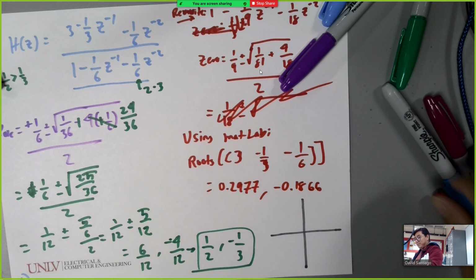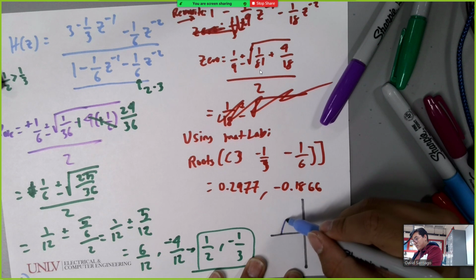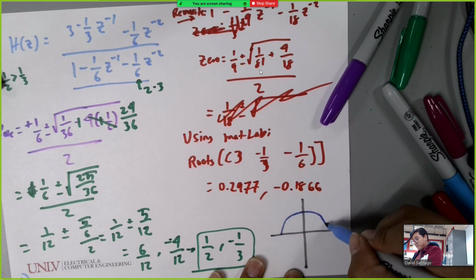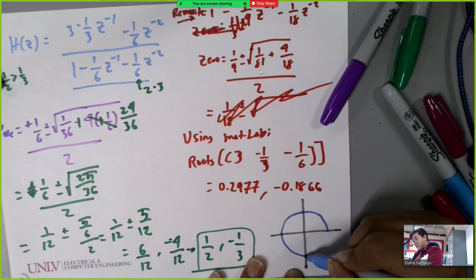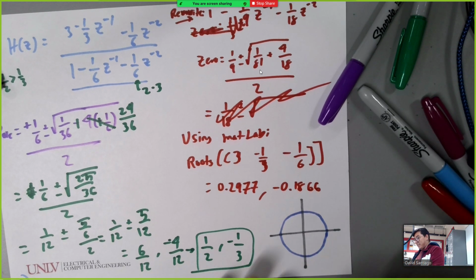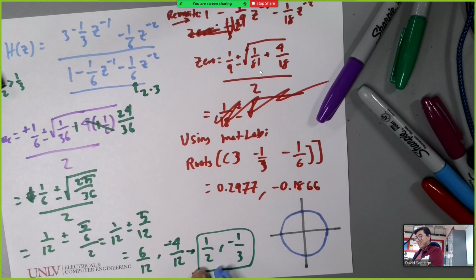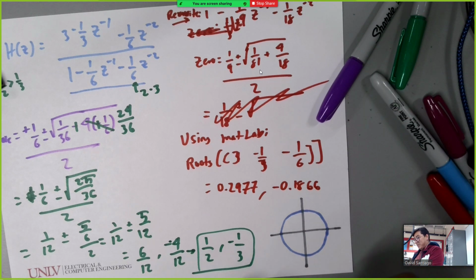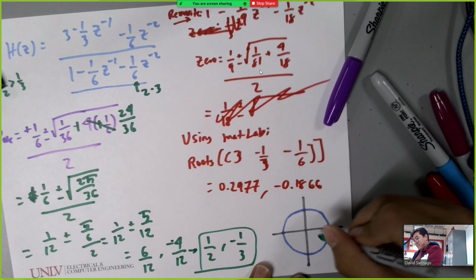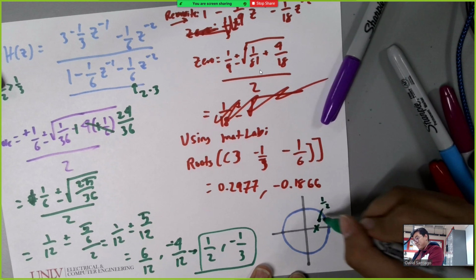And let's use this marker. I like this marker a lot. Okay, there we go. You like that circle? So we have a pole at 1/2, which means we're going to do the following. Easy. 1/2. Okay.